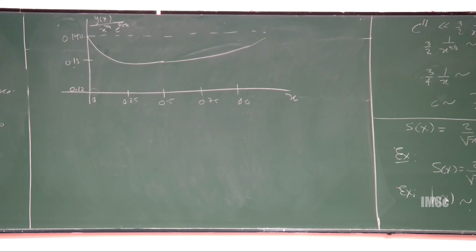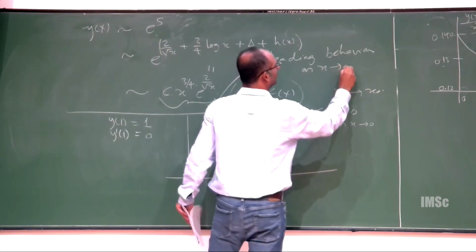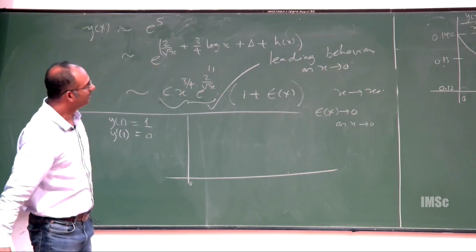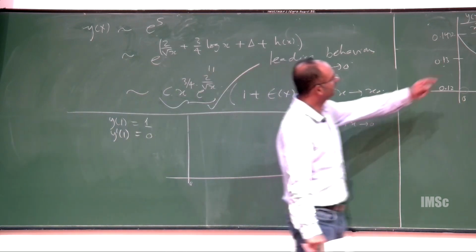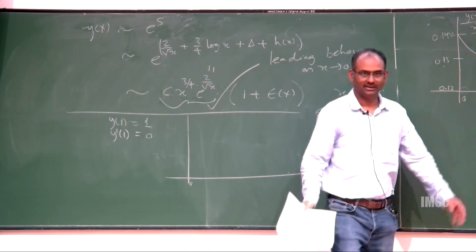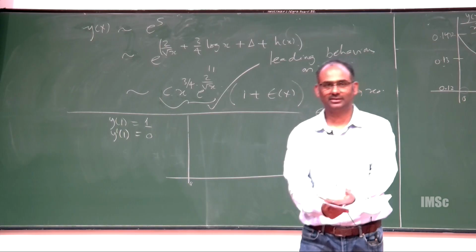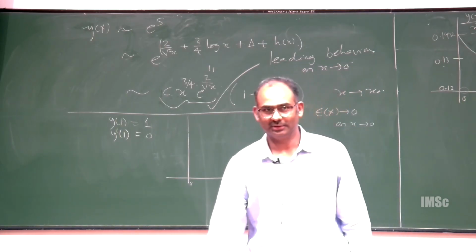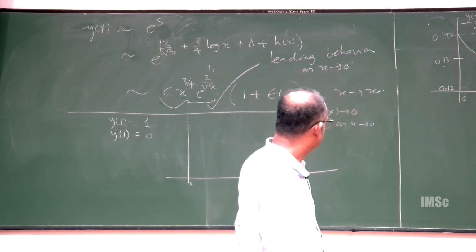So that's called the leading behavior. Okay, so I think we can be very happy that our asymptotic analysis is giving results in such fantastic agreement with the numerical evaluation.